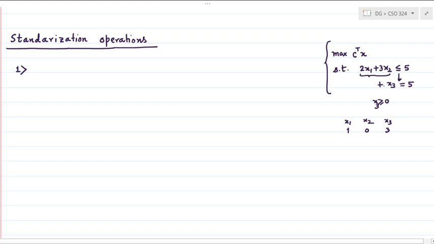Once it is added, it will reach the value 5, and that's why this variable x3 is called the deficit variable or the slack variable. So just by adding a slack variable x3, you can make this inequality restriction an equality restriction. So this is called adding a slack variable.